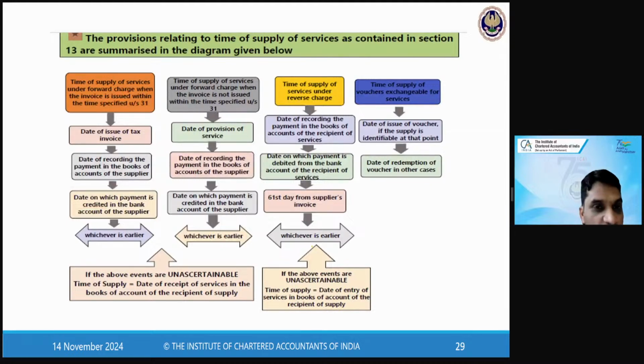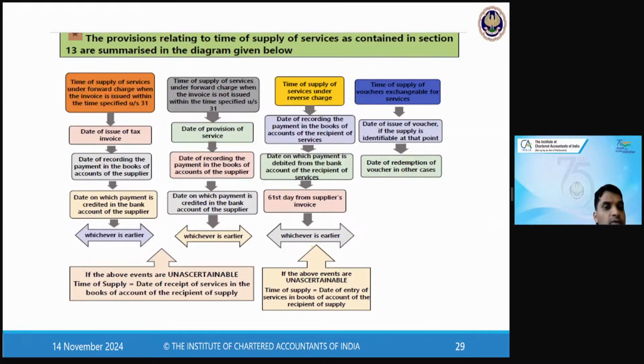In case of time of supply of service under forward charge, when invoice is not issued within time, see, very important here. Here it is when invoice is issued within time, that is 30 and 45 days. And here when the invoice is not issued on time, then the date of provision of service or receipt of payment, whichever is earlier.